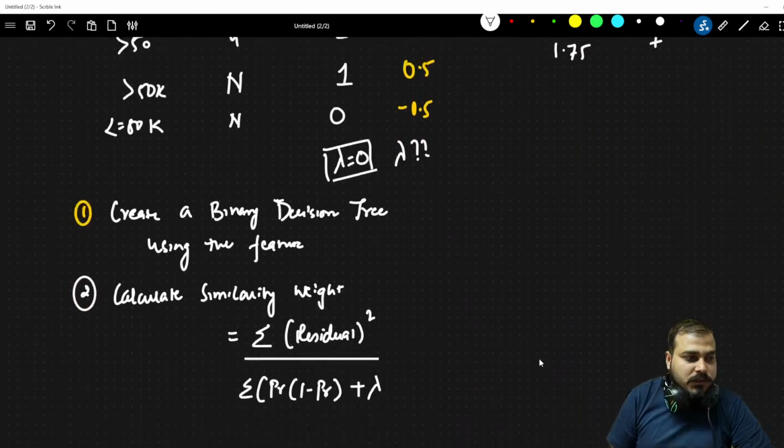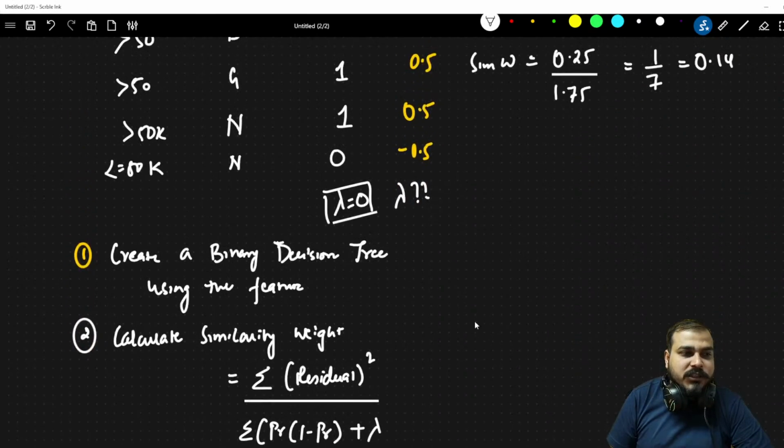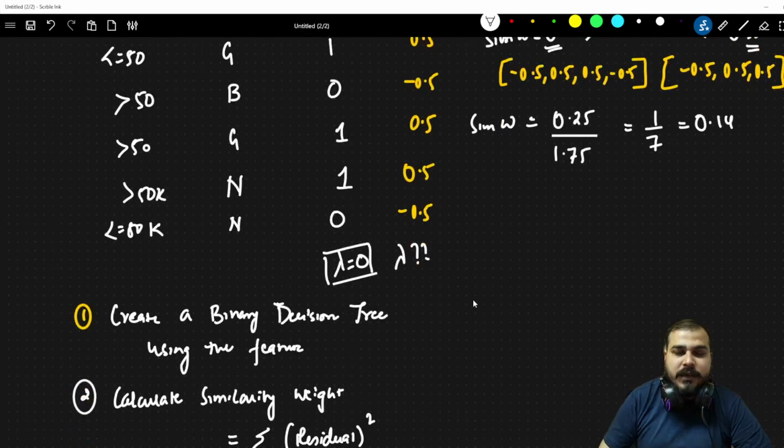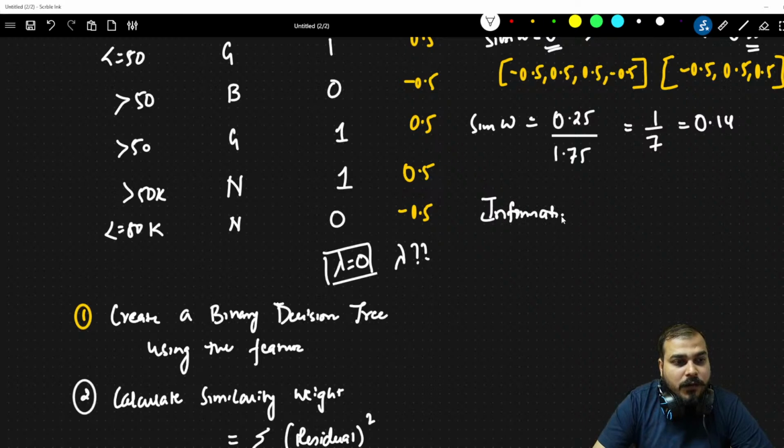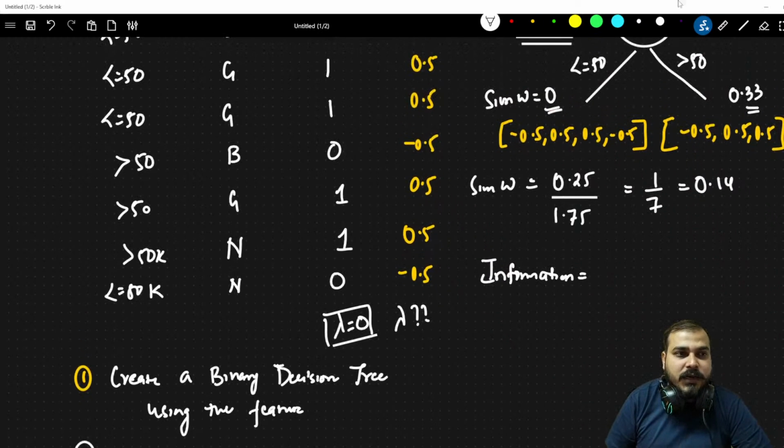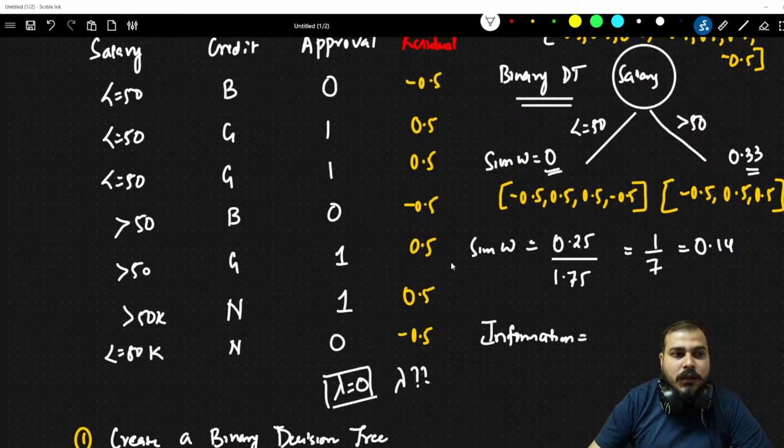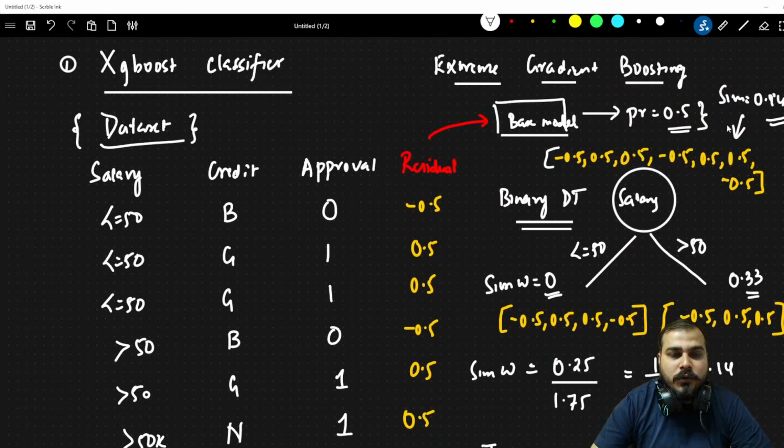Now see over here, we calculate the information gain. The third step is that we calculate the information gain. In this particular case, we add up the similarity weights of the split and subtract the root node's. So I get 0 plus 0.33 minus 0.14.